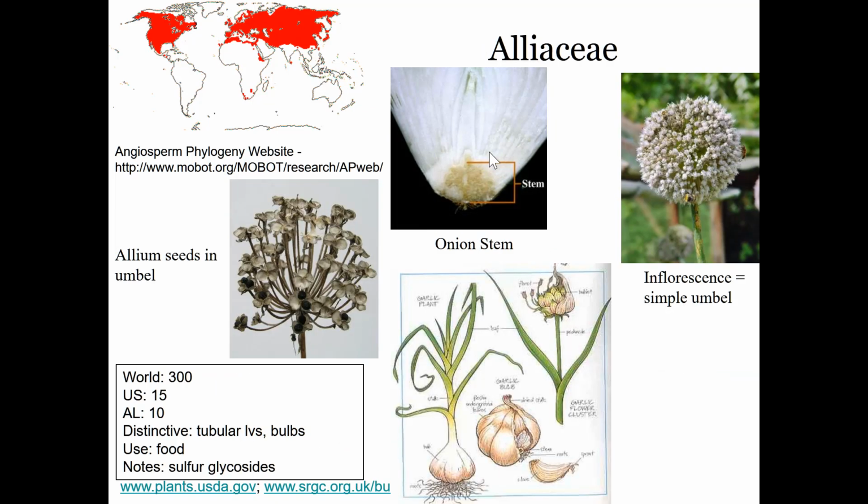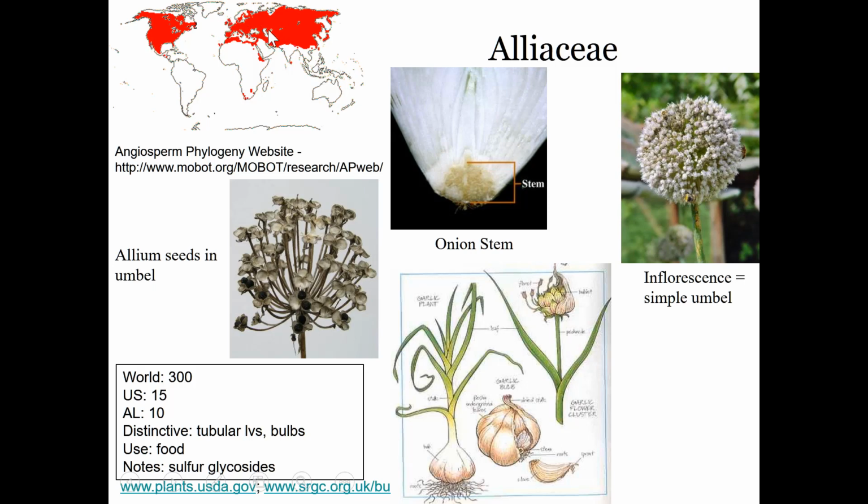Now we move on to a family that is not particularly species rich. There's 300 species in the world, but in terms of utility, the Alliaceae is a really important one. Note here the worldwide distribution of the Alliaceae is almost all north of the equator.